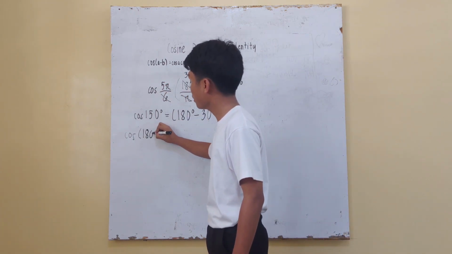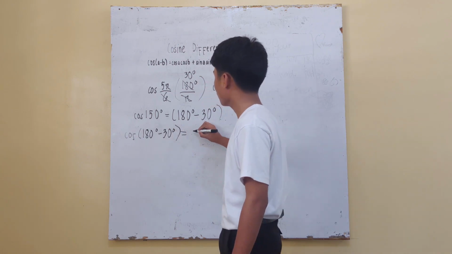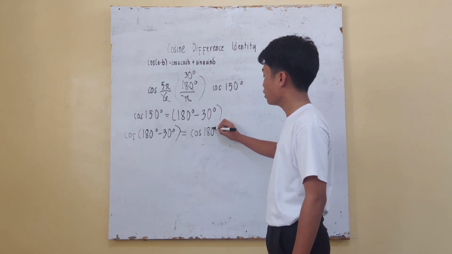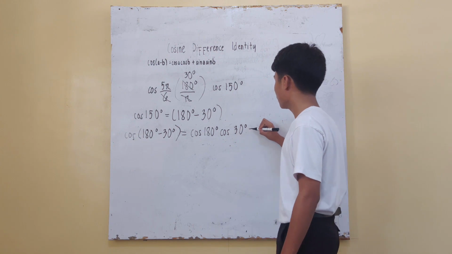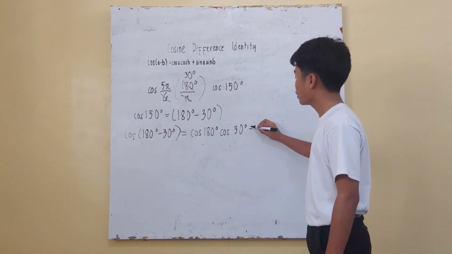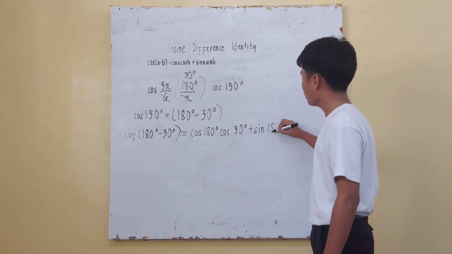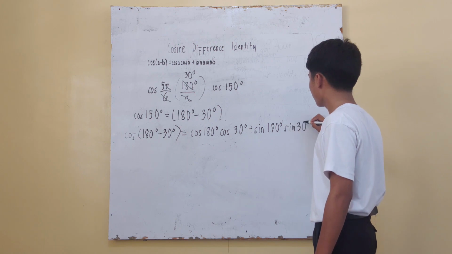Cosine 180 degrees minus 30 degrees equals cosine 180 degrees cosine 30 degrees plus sine 180 degrees and sine 30 degrees.